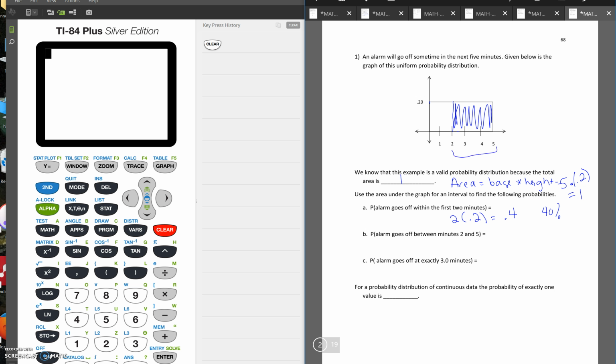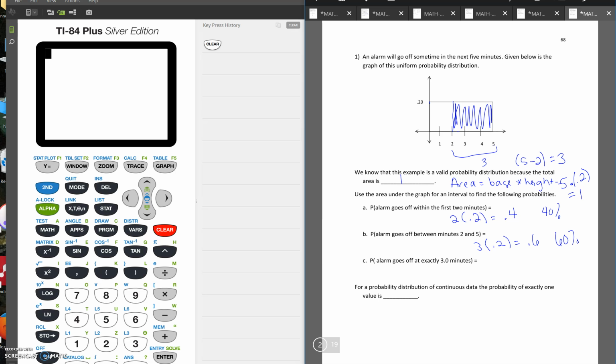From 2 to 5, this is a width of 3, which you can count, or think of doing 5 minus 2, which gives you 3. And the height here is still 0.2. So we would take 3 times 0.2 and get 0.6. So there's a 60% chance that the alarm would go off between minutes 2 and 5.